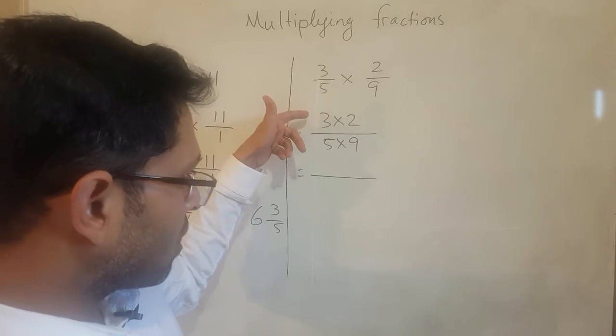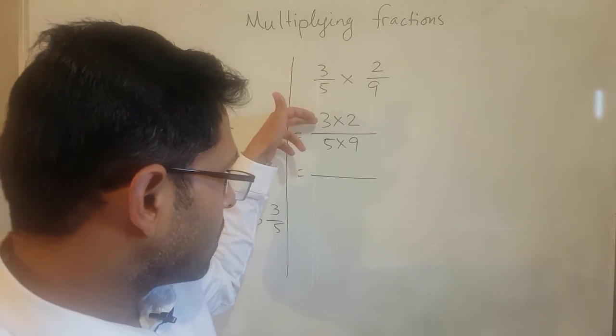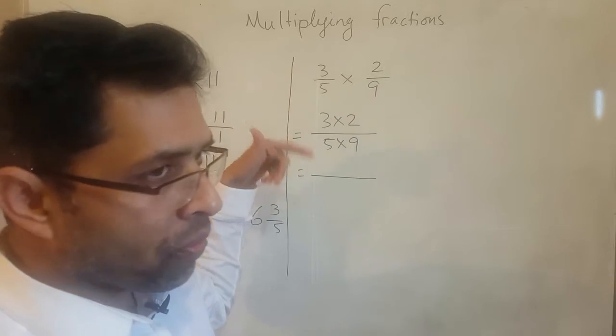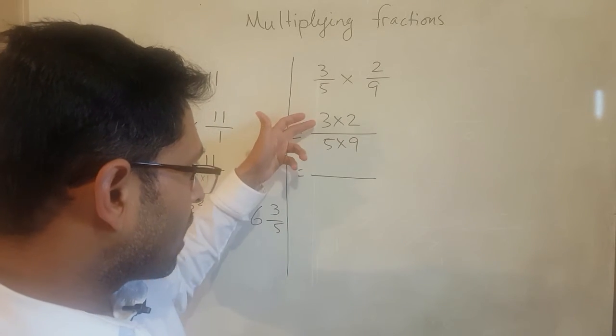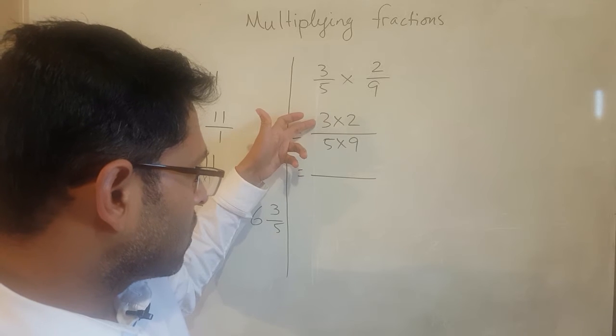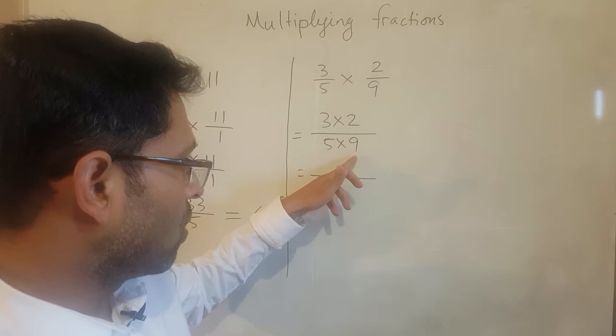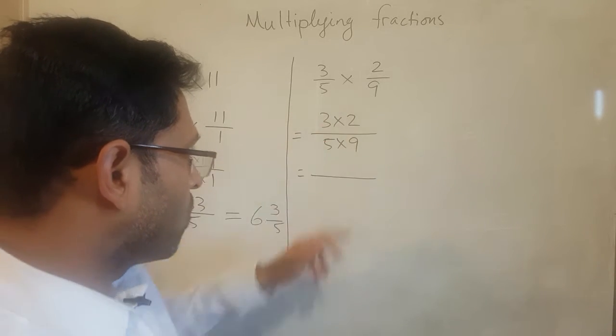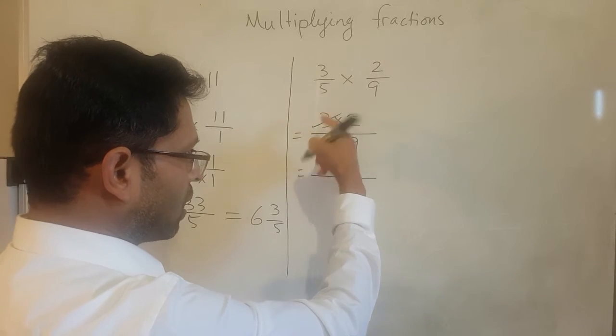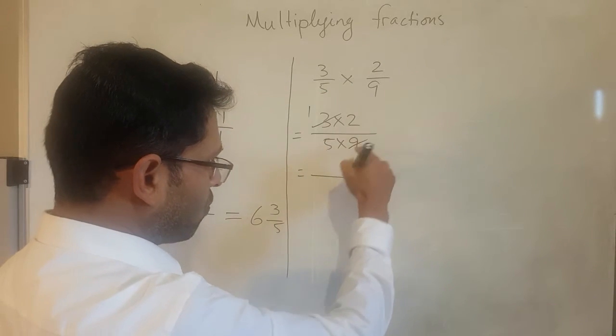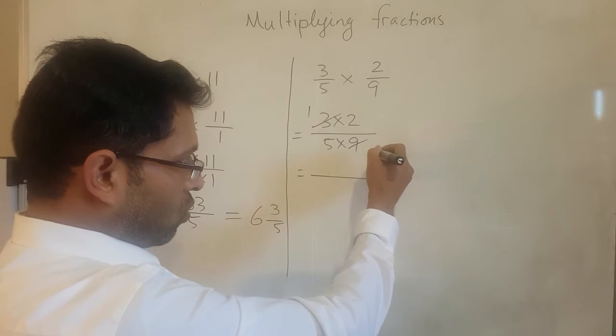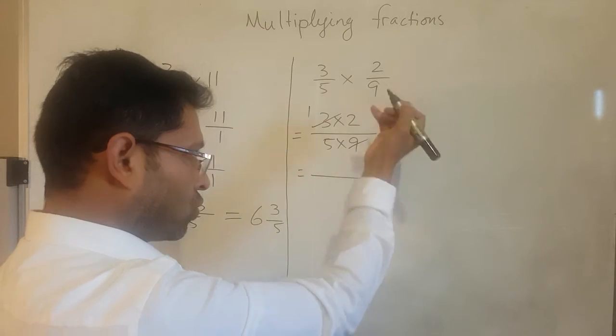How can we simplify this? Any common factor between the denominator and the numerator we can cancel out. We can see in our numerator 3 is here, and we have 9 here. So we can divide both by 3. If you divide 3 by 3, it will give us 1. If you divide 9 by 3, it will give 3, because 3 times 3 is 9.